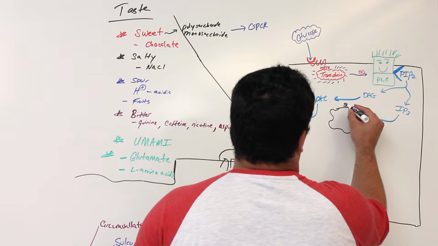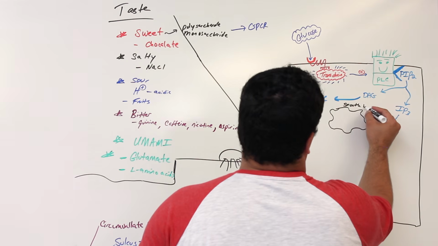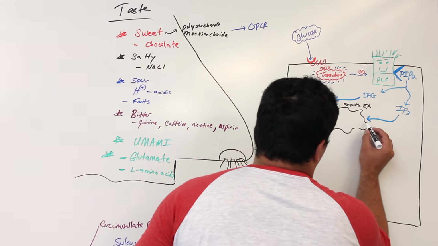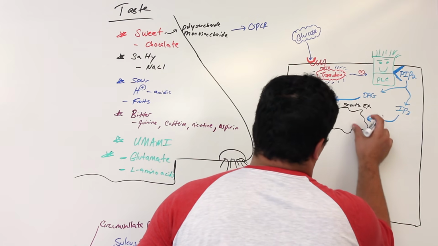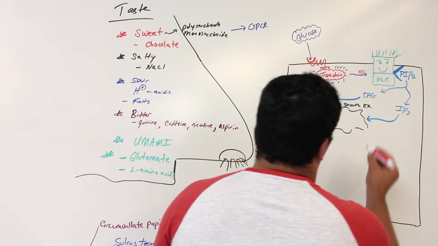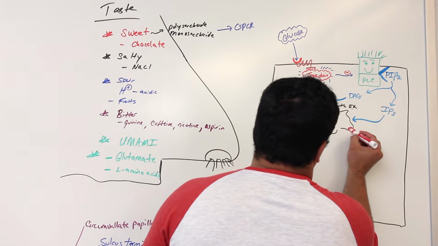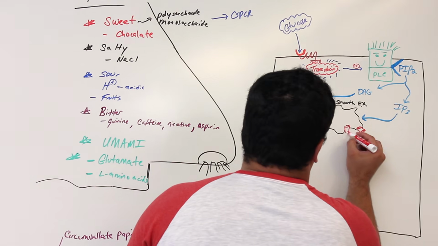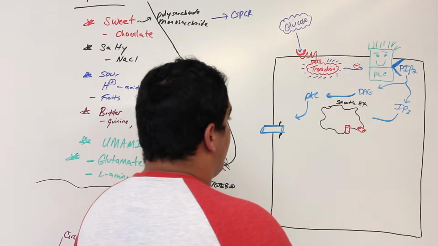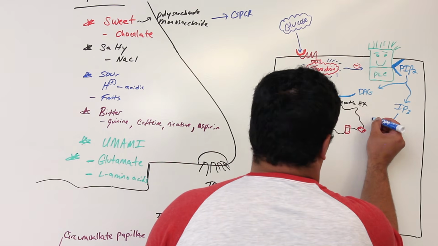This organelle is called the smooth ER, or the endoplasmic reticulum. IP3 has special receptors that are present on the smooth endoplasmic reticulum. And what happens is it activates these channels that are present on the smooth ER. IP3 will come over here and activate this IP3 receptor on this channel.